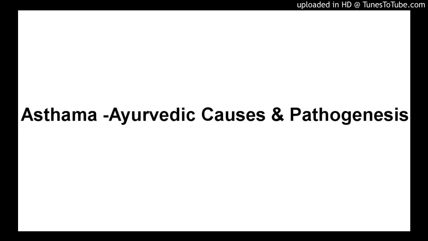Which tastes of food disturb the kapha? Madhura, amla and lavana. Excessive sweet, excessive sour, and excessive salty. If the patient is taking these, that can again disturb the pathophysiology of the GI tract and respiratory tract.